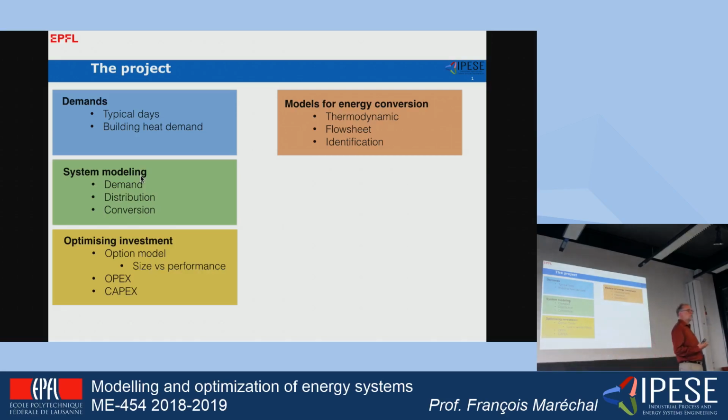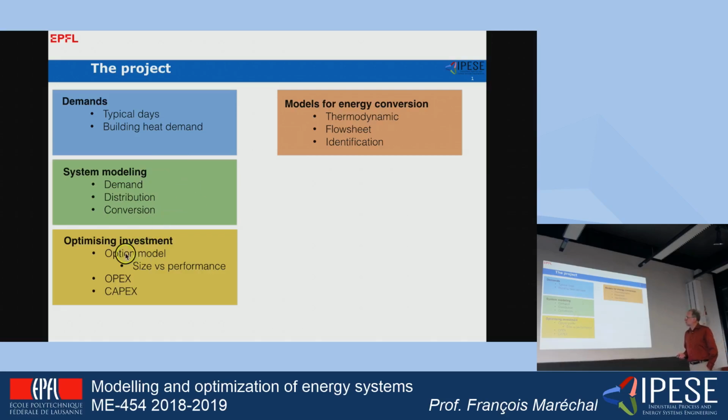So this was then done by developing a mixed integer linear programming model, which allows to decide which kind of technology can be used in order to supply the energy demand.